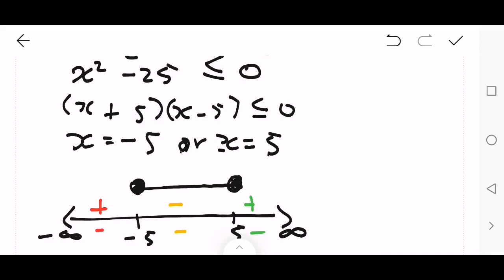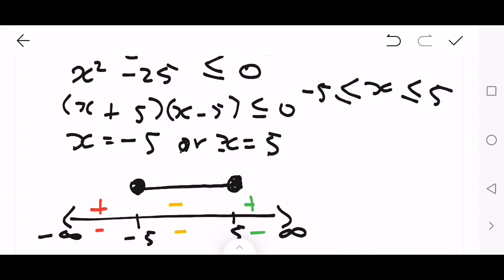And then we can write our solution as x is greater than or equal to minus 5 and less than or equal to 5.